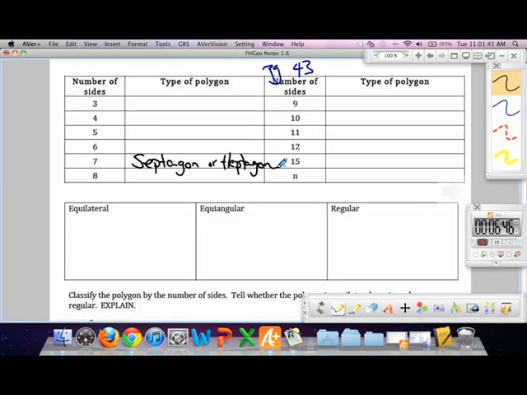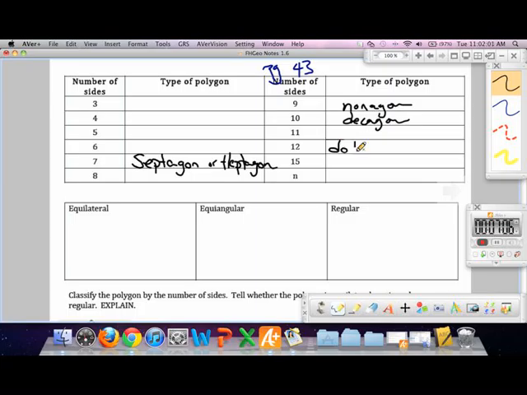9 is a nonagon. You can copy this down on your own. If you already have it memorized, don't jot them down a second time. 10 is a decagon. 12 is a dodecagon.